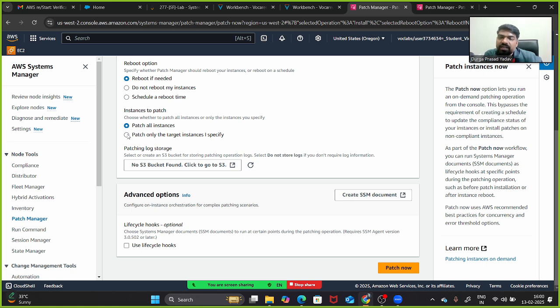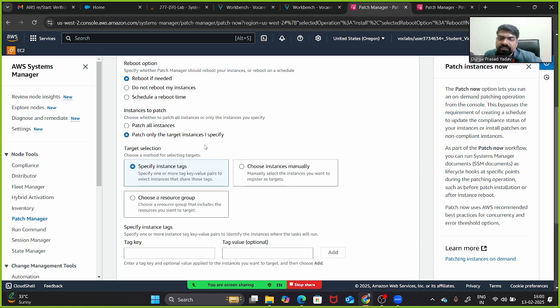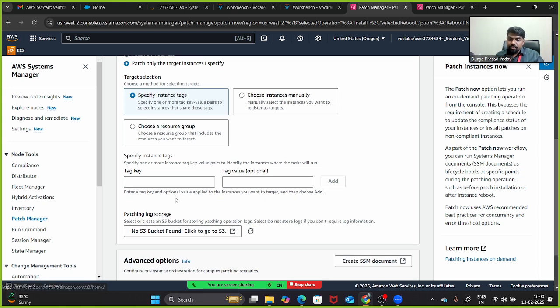If you select patch only the targeted instances, then you specify your instance by using the tag. Let's say the tag is Linux prod. It was Linux prod only.